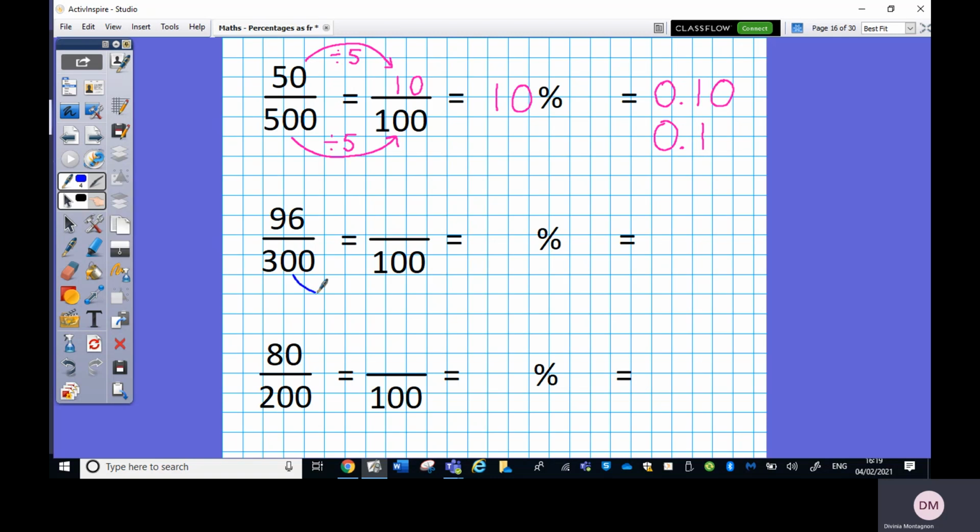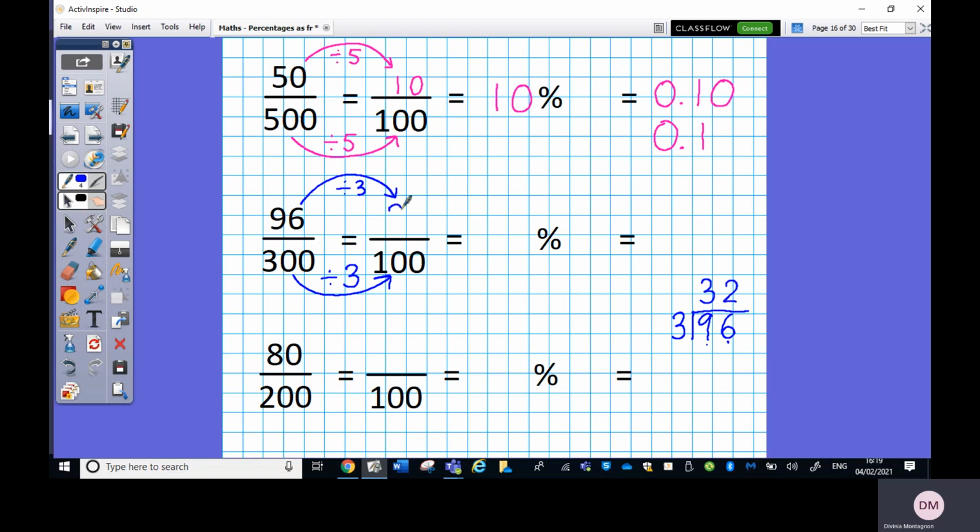What about this one? What do I need to do to 300 to get 100? Yes, becoming smaller, so I need to divide it, and I need to divide it by 3. And now whatever I do to my new denominator, I do to my numerator. So 96 divided by 3. 9 divided by 3 equals 3. 6 divided by 3 equals 2.